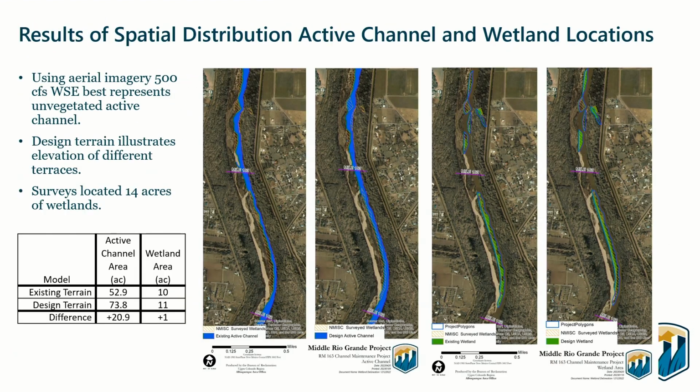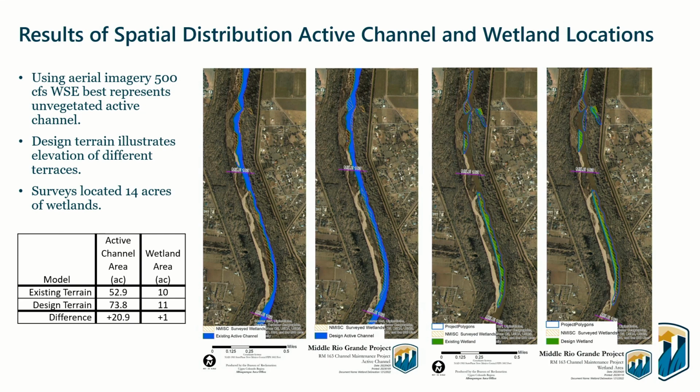Wrong way again. Okay. So again, I was hoping this would be bigger, but these are some of the results of that effort. In the blue here, this is the open channel, the active channel.